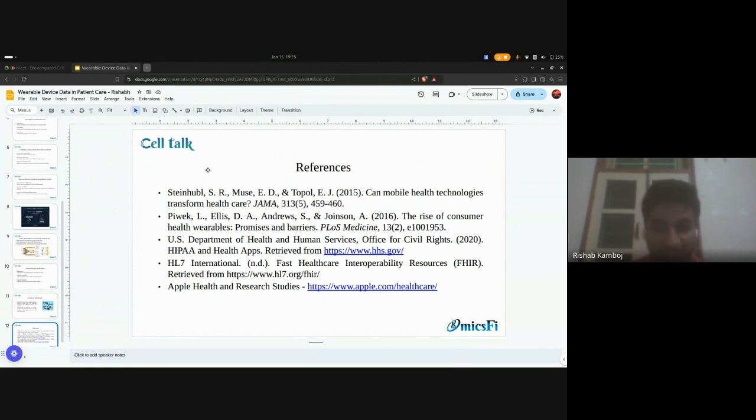Or we can use other metrics to collect the same data. Let's say from the poorer section, who mainly go to government hospitals, we can collect their data from the government hospital, if the government gives the data. Or the main thing we can do is make it much more affordable so that they can also buy it.